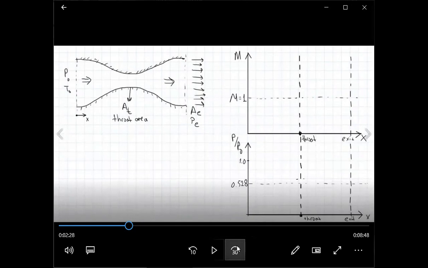Because once you reach that exit pressure, the flow is fully supersonic inside the diverging part, right? Yes. So any change, or any disturbance, that you make at the outlet will never reach anywhere upstream of it, because it's entirely supersonic.